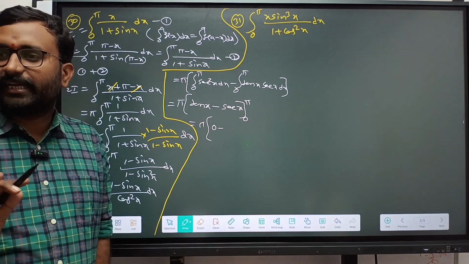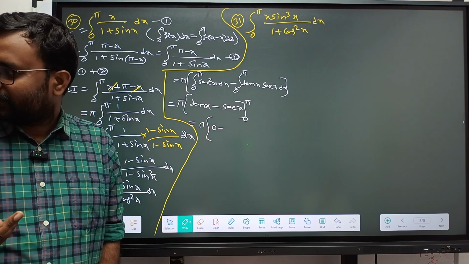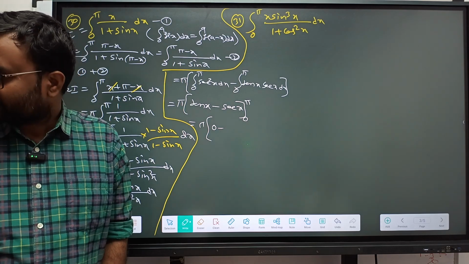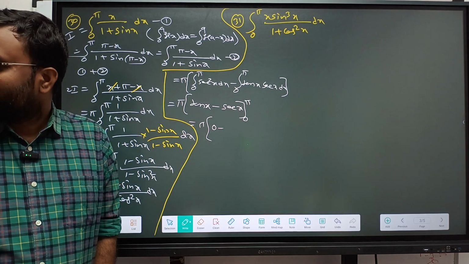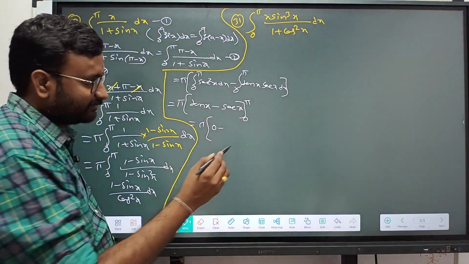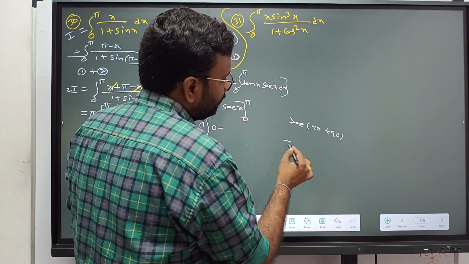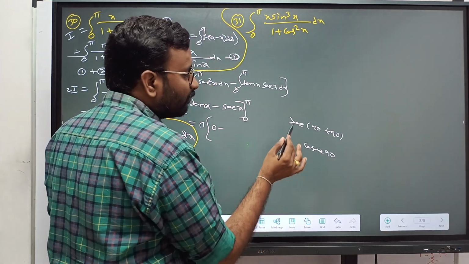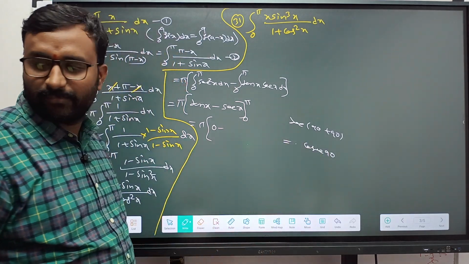Secant of 90 plus 90. In which quadrant? Second quadrant, where secant is negative. Again, secant of 90 plus becomes cosecant, but 90 plus means second quadrant, so minus.